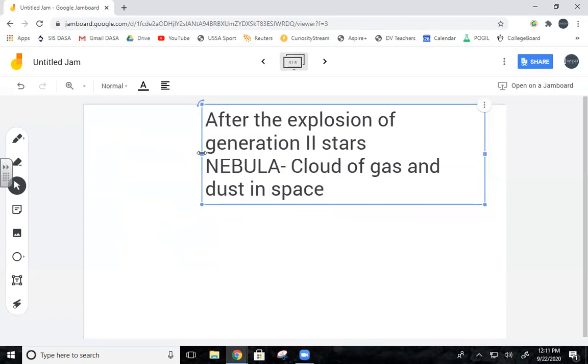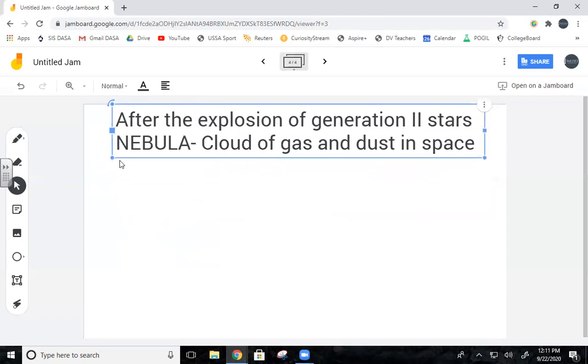So after those generation 2 stars exploded, they went kablooey, and all of the stuff that was inside of them was scattered amongst the universe, and they created a nebula.